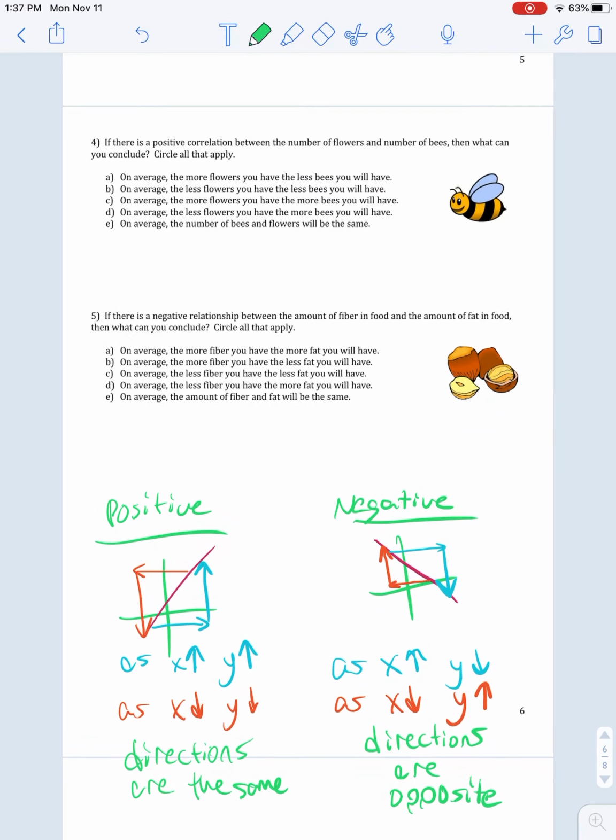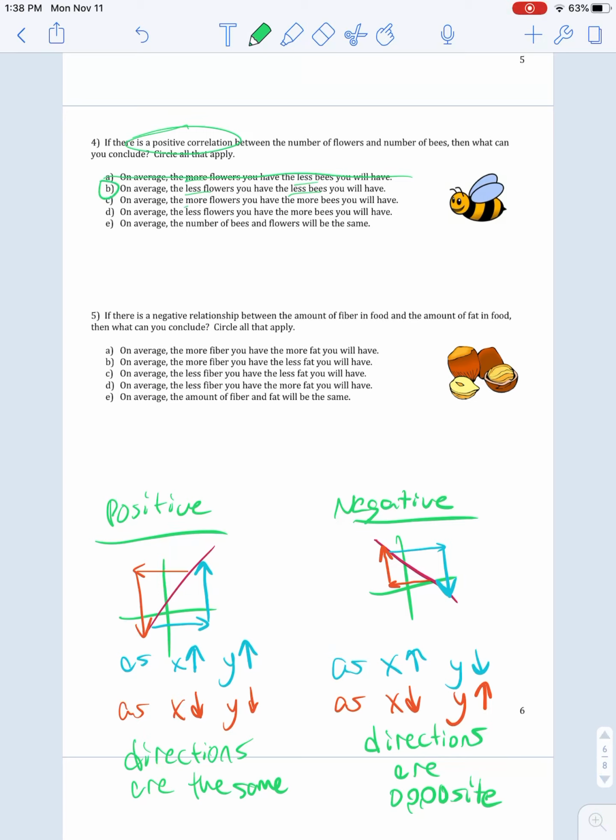So we're going to look for that in words. In 4 it says on average the more flowers, the less bees. More and less, that's opposites, and we're looking for a positive correlation. So no. We want same. Less flowers, less bees, that means positive. So B works.